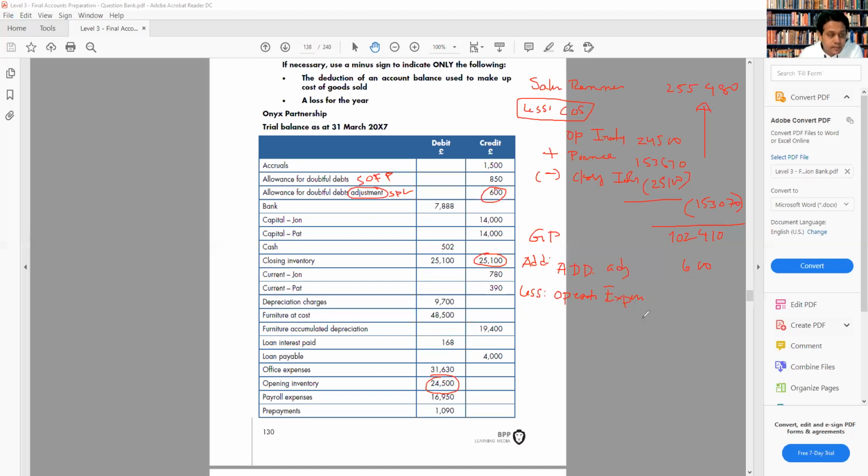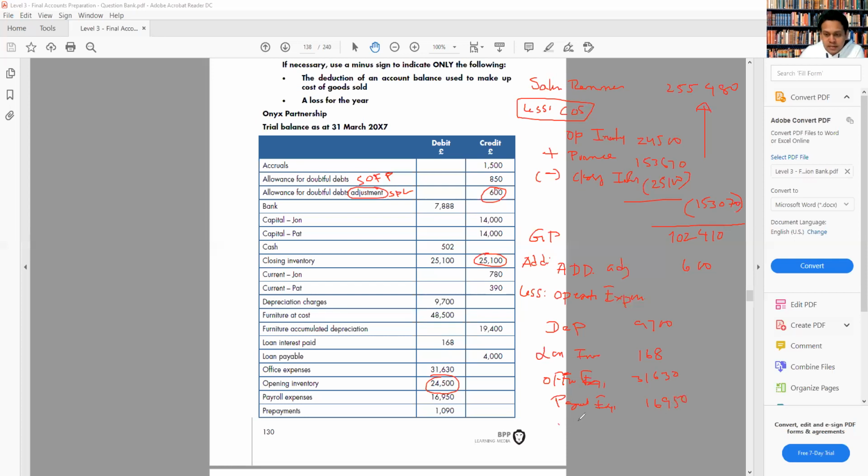The first one we have is depreciation. Okay, Magda, so I'm following you. Depreciation, you said 9,700. Then loan interest, that is 168. Office expense, 31,630. Payroll expense, 16,950.